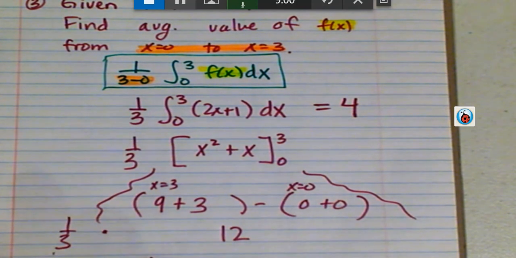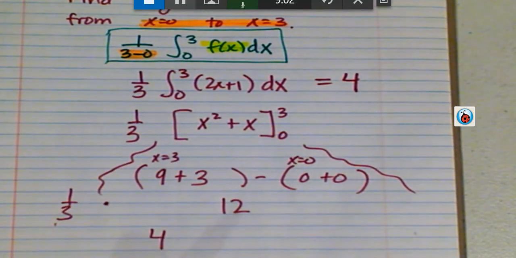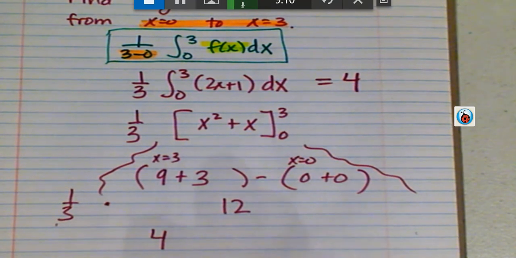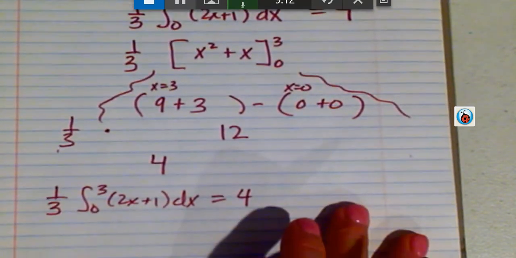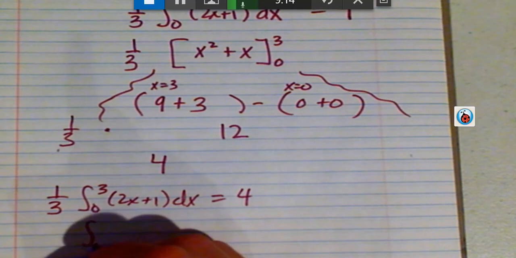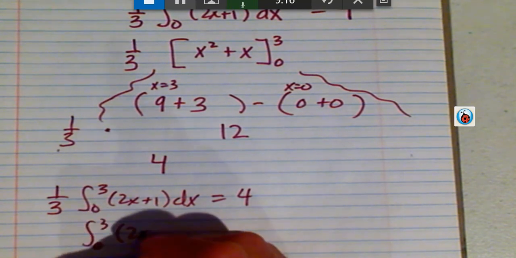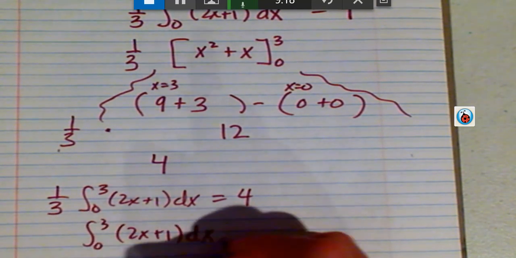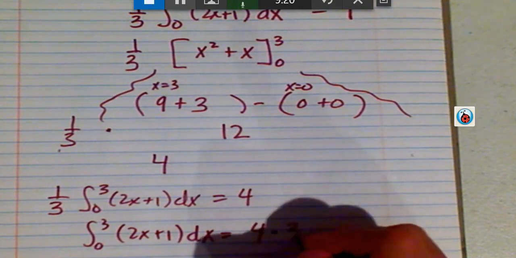Multiply them together. So 1/3, integral from 0 to 3, 2x plus 1, equals 4. I'm just going to write the statement. Now I'm going to multiply both sides by 3, which is the change in x. Look at that.